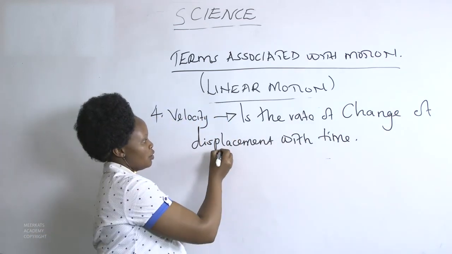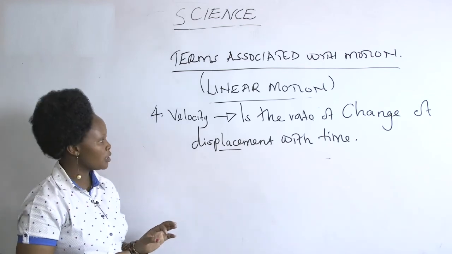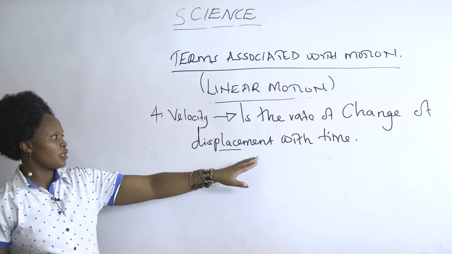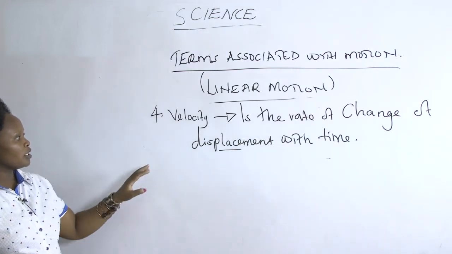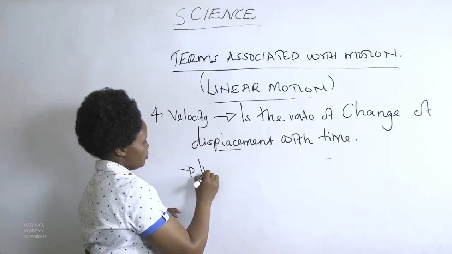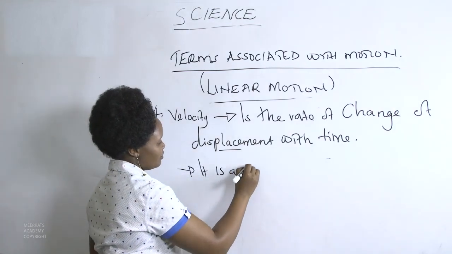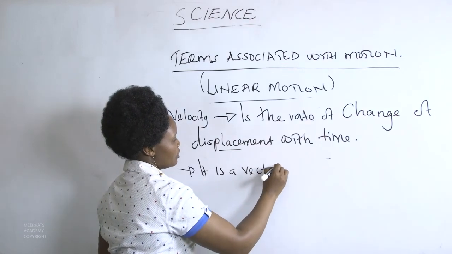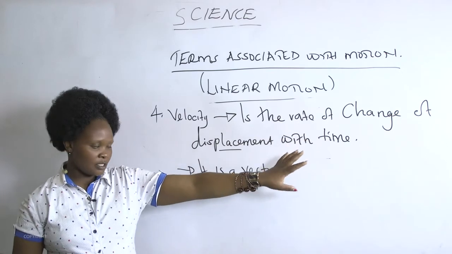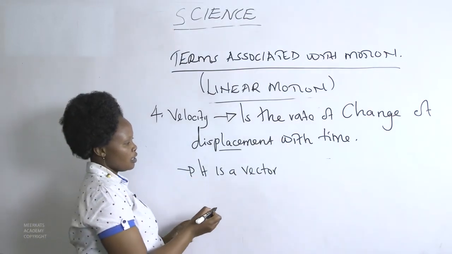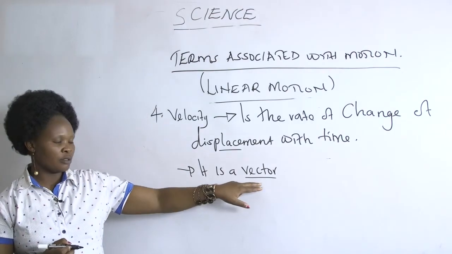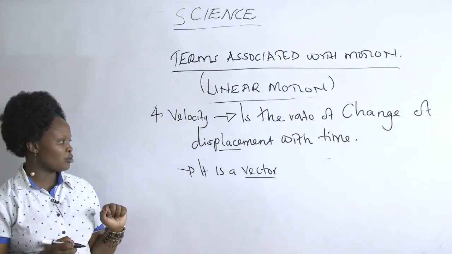When the idea of displacement is featured, it means automatically that our velocity becomes a vector, because displacement is realized in a given direction, and therefore when you give a quantity the sense of direction, it qualifies to be a vector.